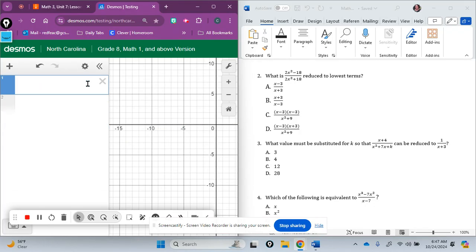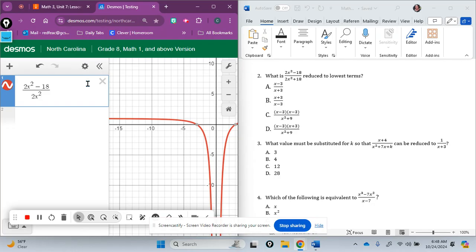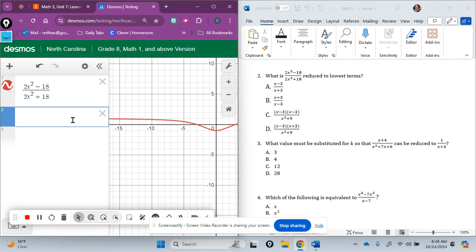So we're going to type in 2x squared minus 18 over 2x squared plus 18. And now we're going to go through our answer choices to see which one is equivalent. So I'm going to give you a second to type in your answer choices and see which one is equivalent.